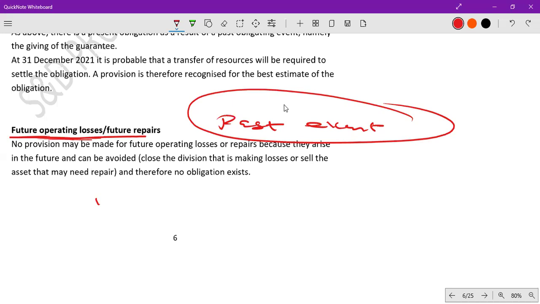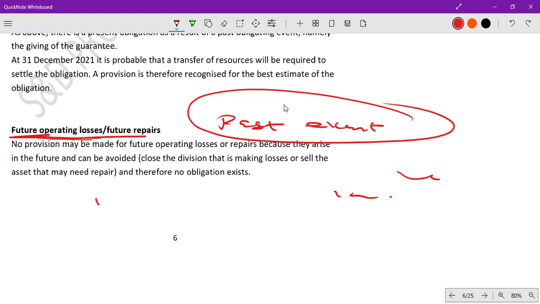If they say this and this will happen and you are going to do it like this, management can change its plan. So we don't make provision for a future program like repairs or future operating losses. You are estimating that in the future there will be a loss.